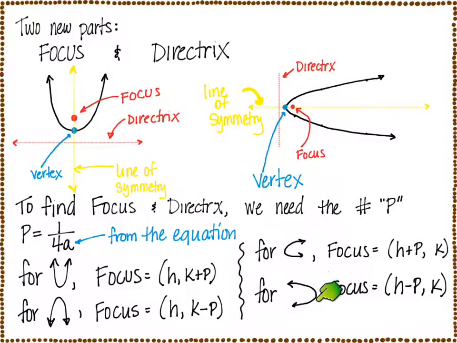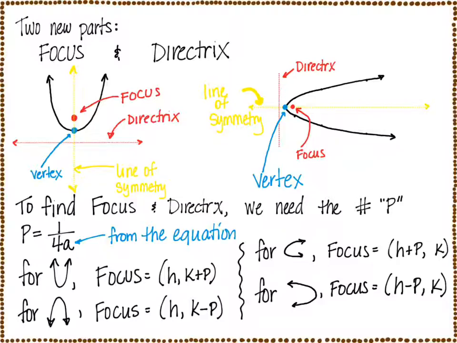And for an opening to the left, this is an x equals parabola, and it's subtracted from the h. Notice that these two are x equals, and we've added and subtracted from the x in the vertex. In these two parabolas, these are parabolas that started off with y equals, and we added and subtracted it from the y in the vertex.